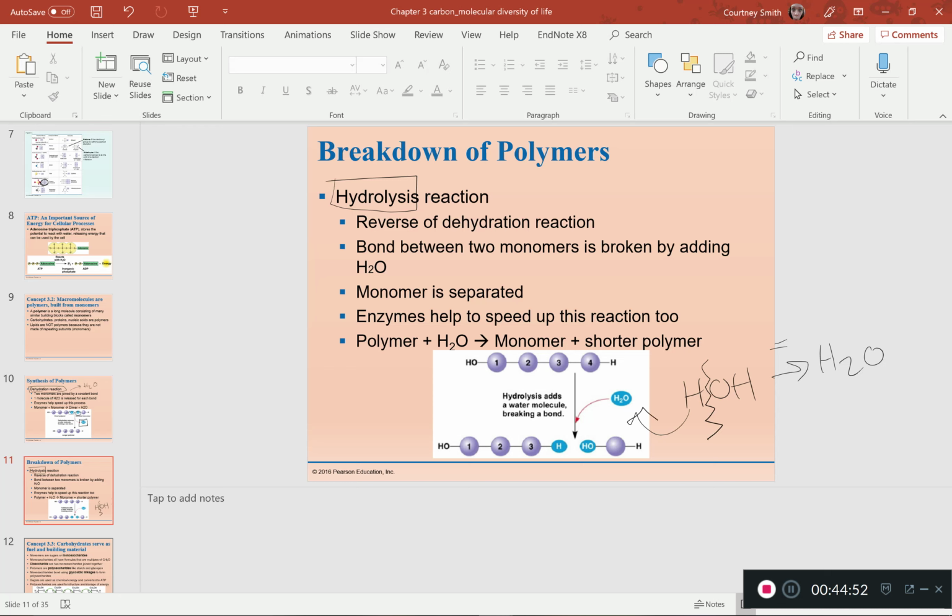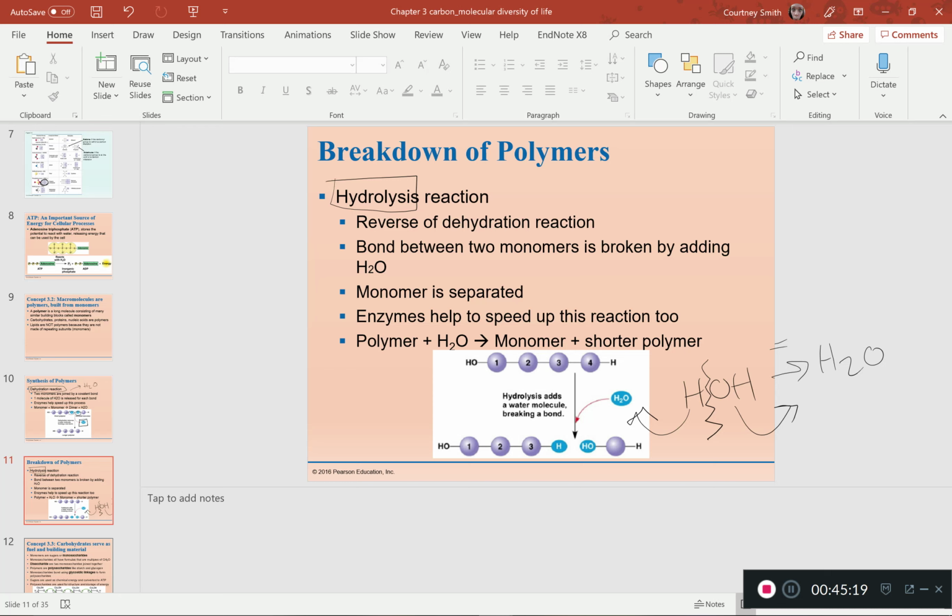Hydrogen will go to one molecule, and then the OH will go to another molecule. That's why it's called hydrolysis, because you are lysing, breaking a water molecule. And with that, you're breaking apart that longer polymer that we just made into two shorter chains. Okay, and the molecule that is involved in both of these reactions is water.